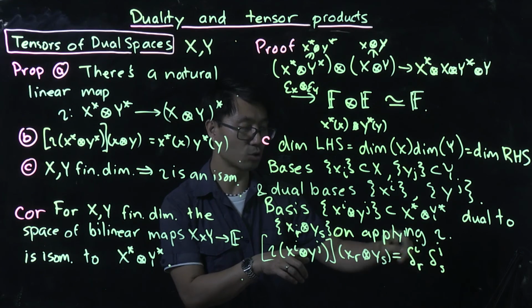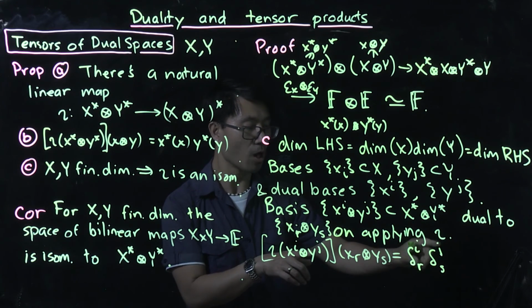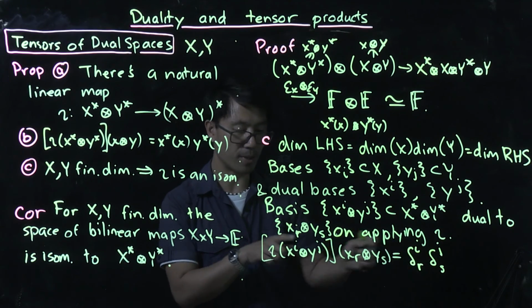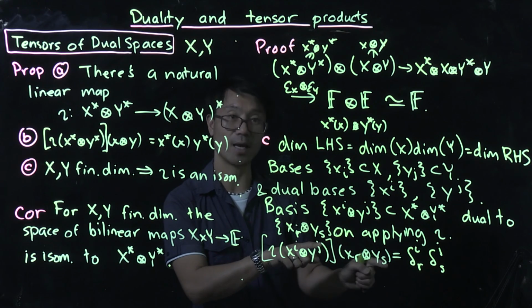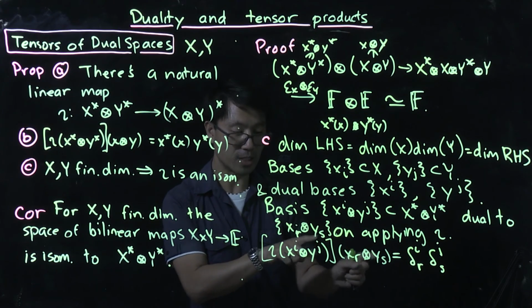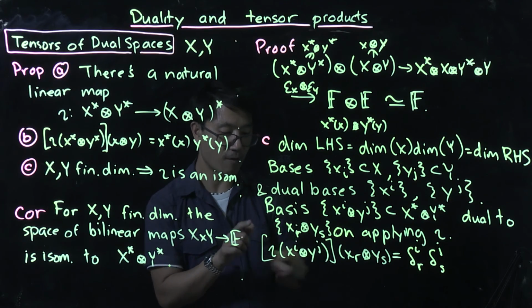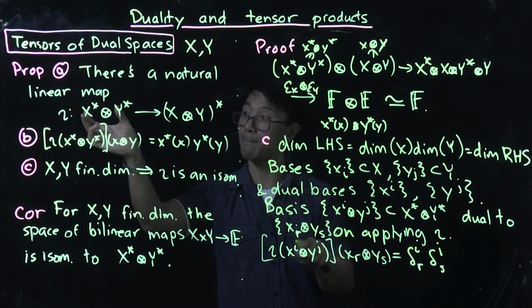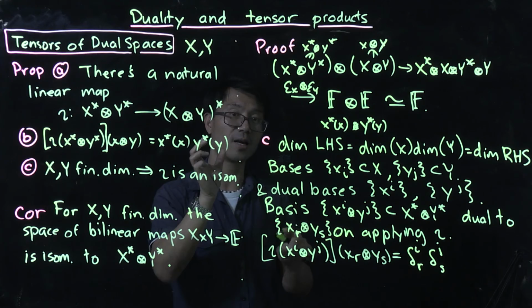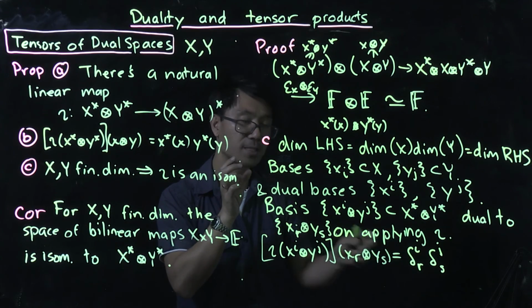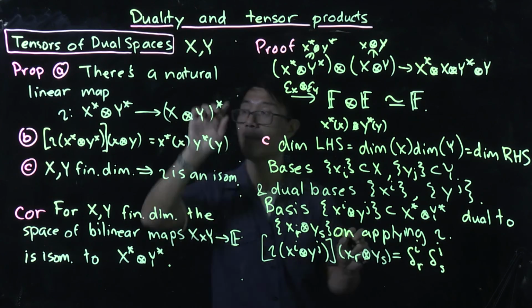It's 0 all the time except when it's 1 times 1, which means that i equals r and j equals s. So we see that the image of this basis here is a dual basis to the basis of these, and hence a basis of this as well.